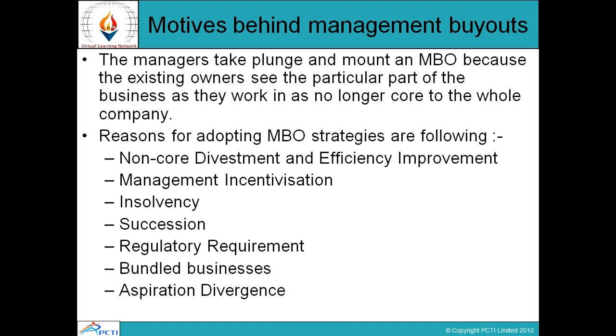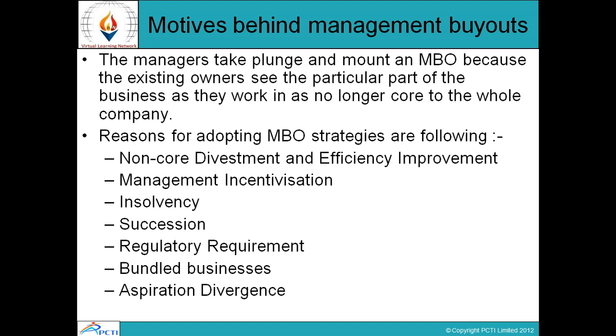Another is management incentivization. Management faces constant pressure to maximize profit and to implement new growth strategies. But it is often recognized that linking managerial compensation to substantial direct equity ownership can also provide a powerful incentive.